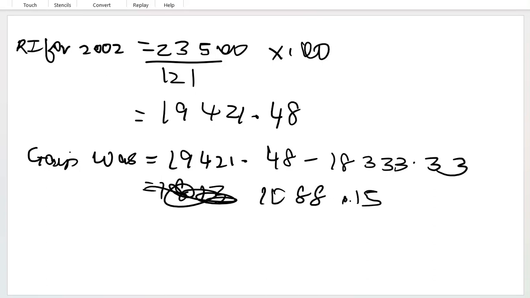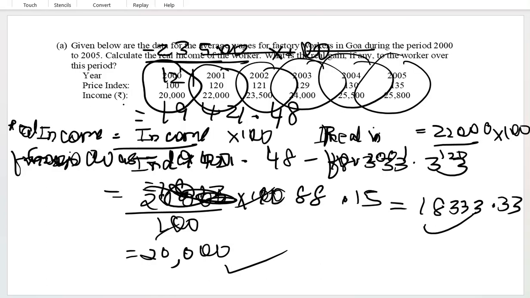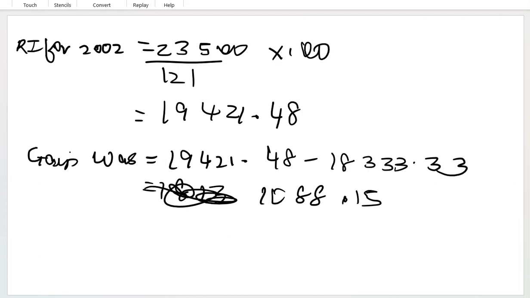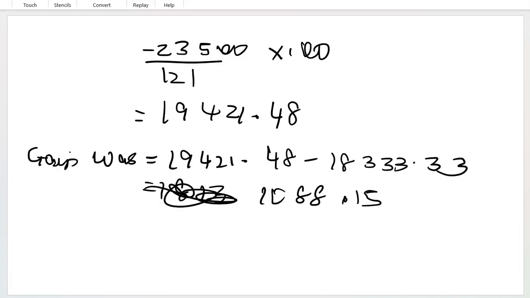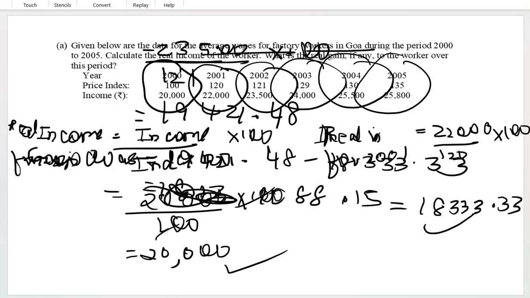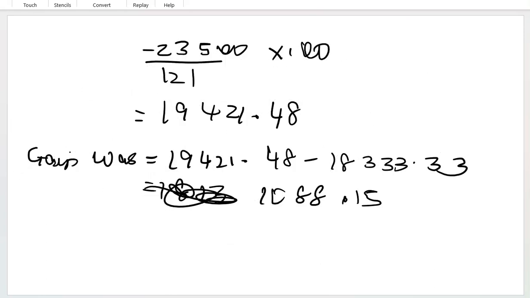Similarly, similar calculations have to be done for 2004 and 2005. This was for 2002. We have to do 2003, 2004, 2005, and whichever year shows an increase, we have to show by what it has increased. So for example, if I want to do 2003, it is 24,000 upon 129.